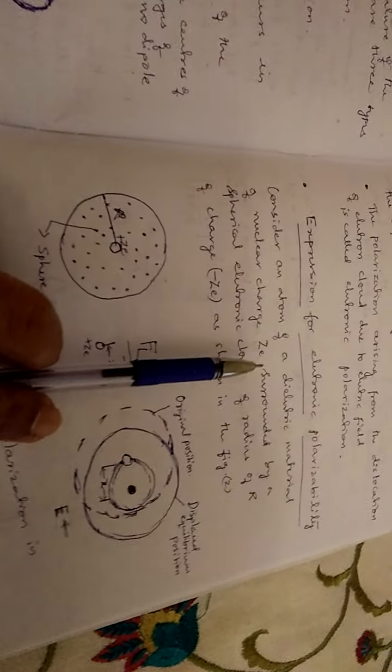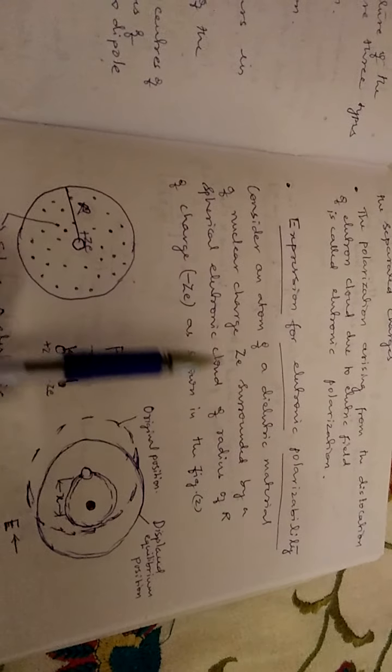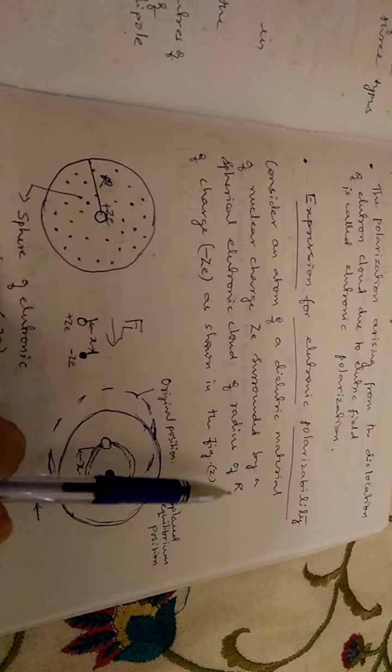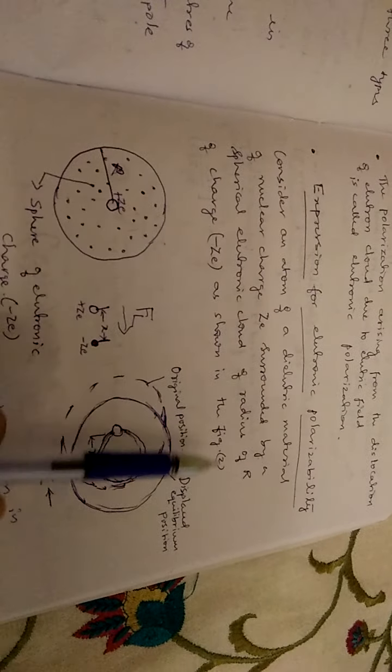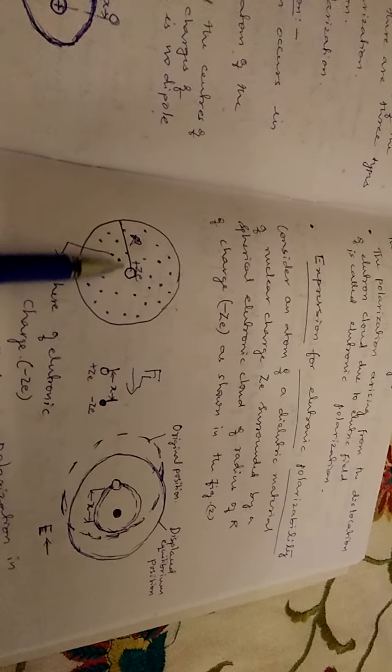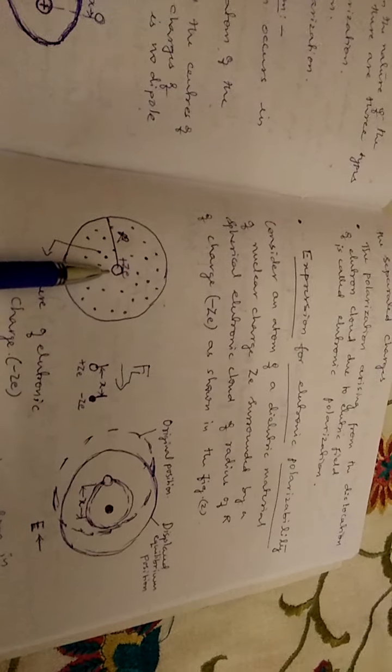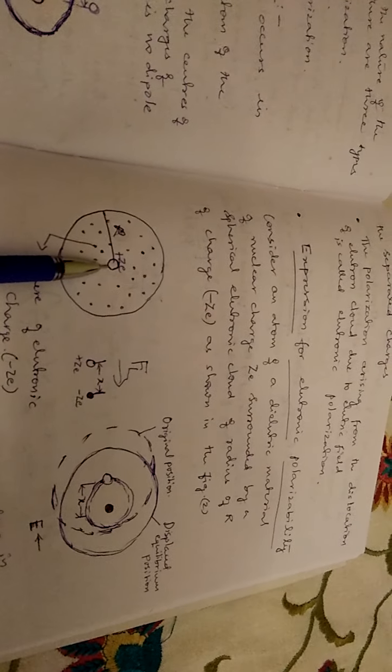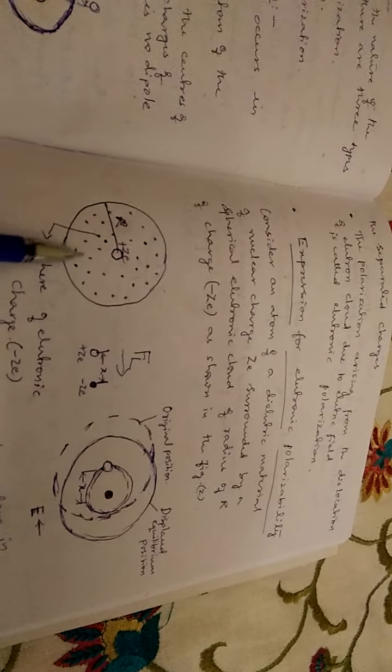From this electronic polarization concept, we can get an expression for electronic polarizability. Consider an atom of a dielectric material of nuclear charge Ze surrounded by a spherical electron cloud of radius R. This is the electron cloud, and the central part has protons of plus Ze, and this is minus Ze.